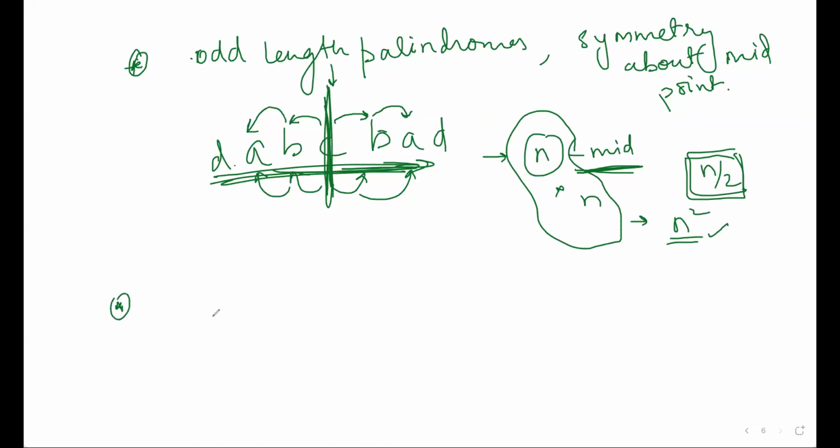Now my question here is how you will proceed for even length. Because in case of even length, we have two midpoints. I'll take this example only.